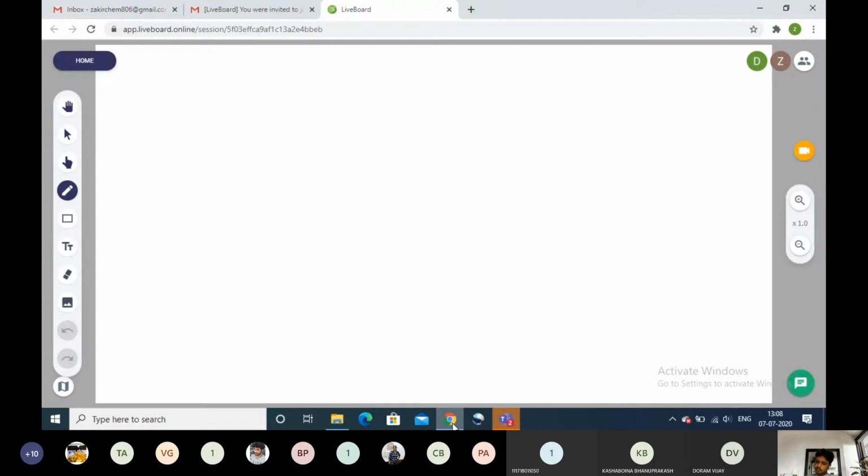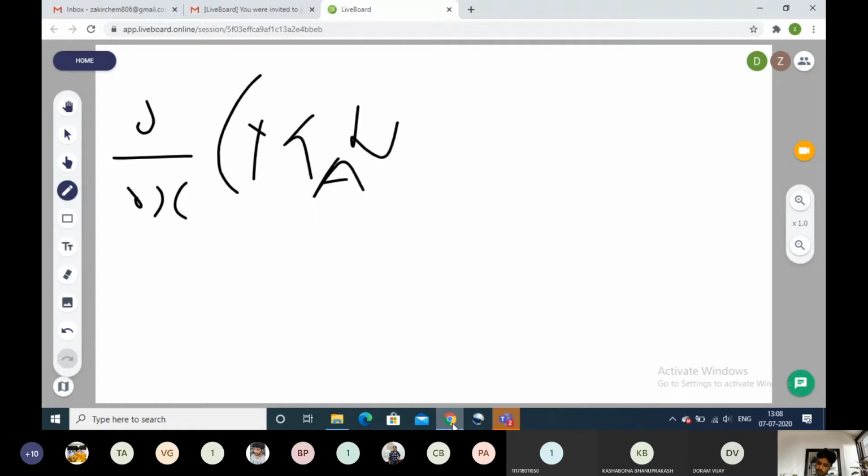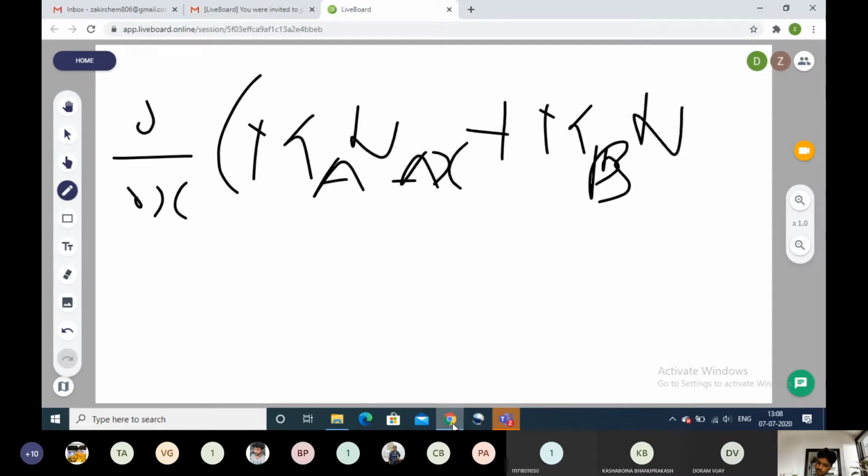Similarly, in the same equation, when we neglect the reaction, it becomes dou by dou x of MA NAX plus MB NBX.